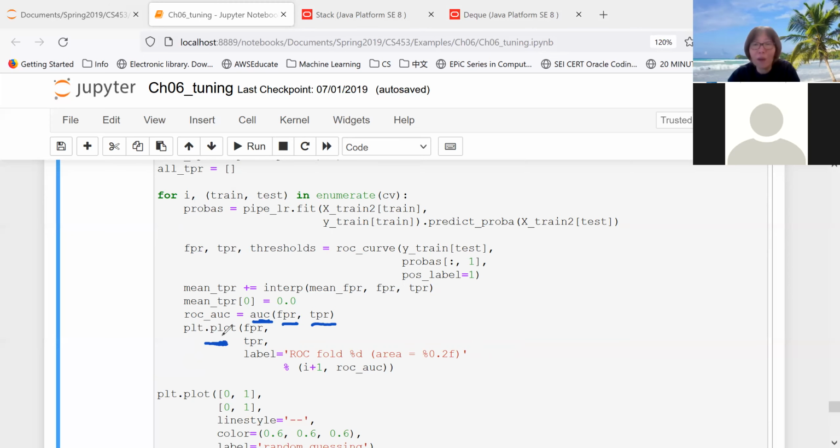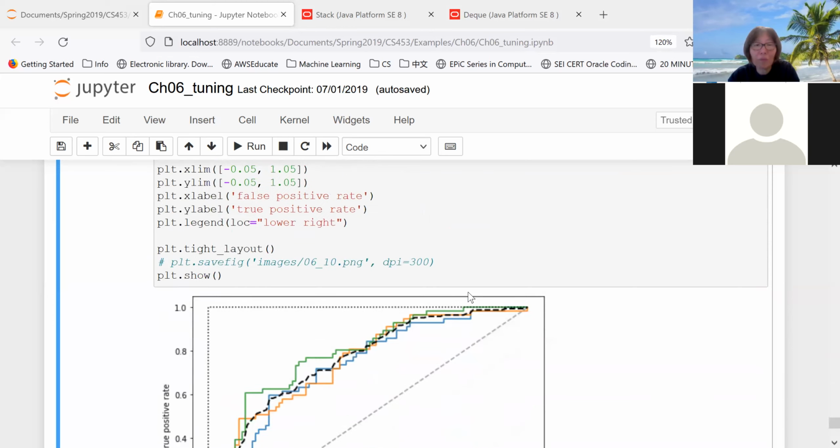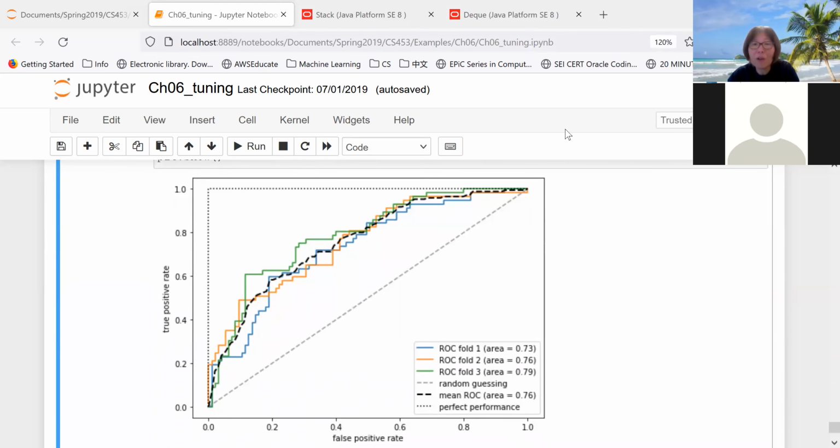We can take a look at the plotting result. Here is the plotting result for each fold, and it also gives us the area. It's not that high, but it's not too bad, around 0.7-ish.